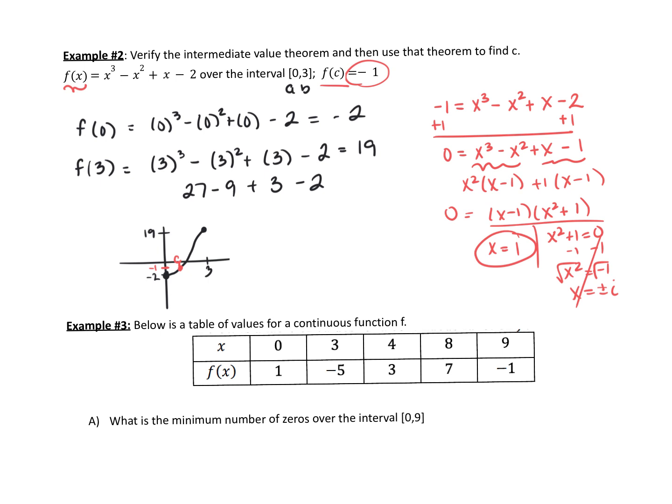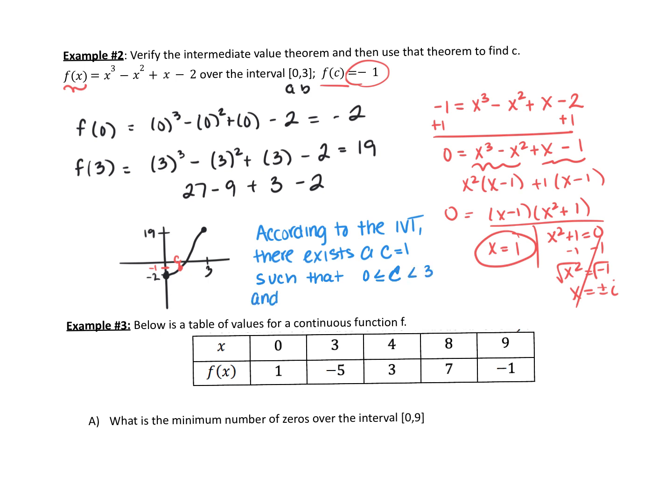According to the IVT, intermediate value theorem, there exists a C, which we know is equal to 1, such that the C value is between 0 and 3, and the f of C is in between f of A and f of B. And that's it. That is the IVT.